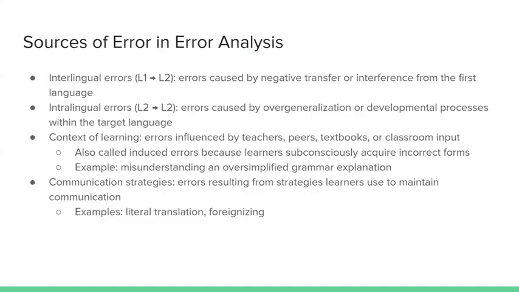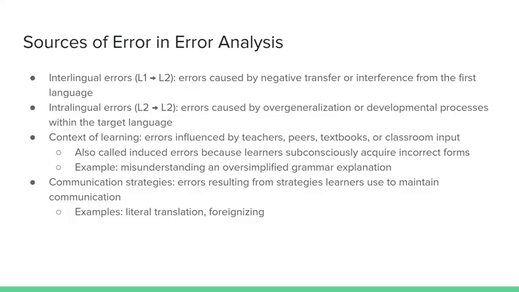So now we are going to move forward with some of the sources of error in error analysis. The basic two that we talked about related to transfer has to do with the interlingual errors, where errors are caused by negative transfer or interference from the first language. Another one, intralingual errors like "he go to school", errors caused by overgeneralization or developmental processes within the target language.